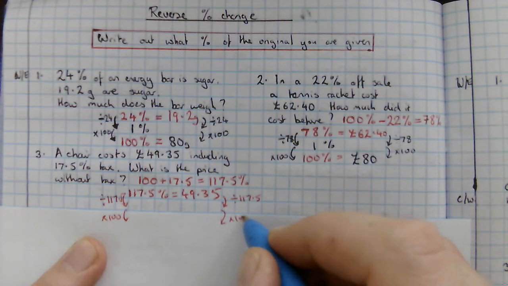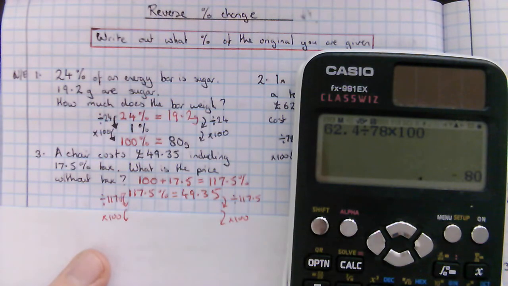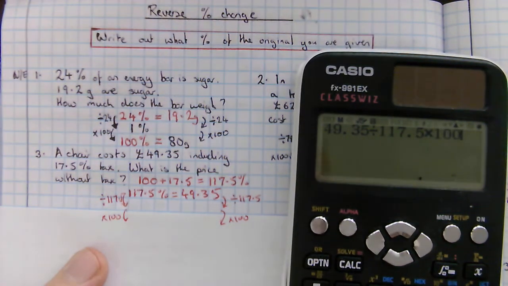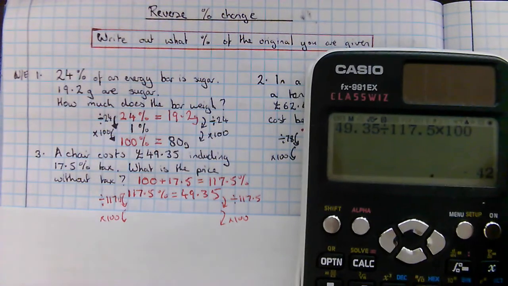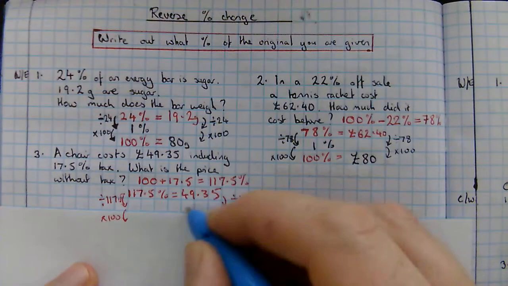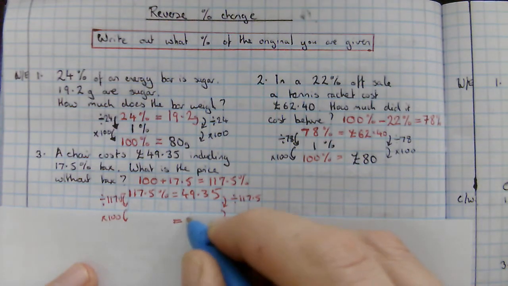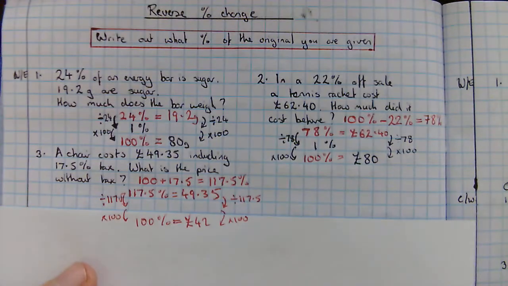So let's just try that. £49.35 divided by 117.5 times by 100 gives me £42. So the chair originally cost £42 before it had the 17.5% added on. So 100% of the price is £42.